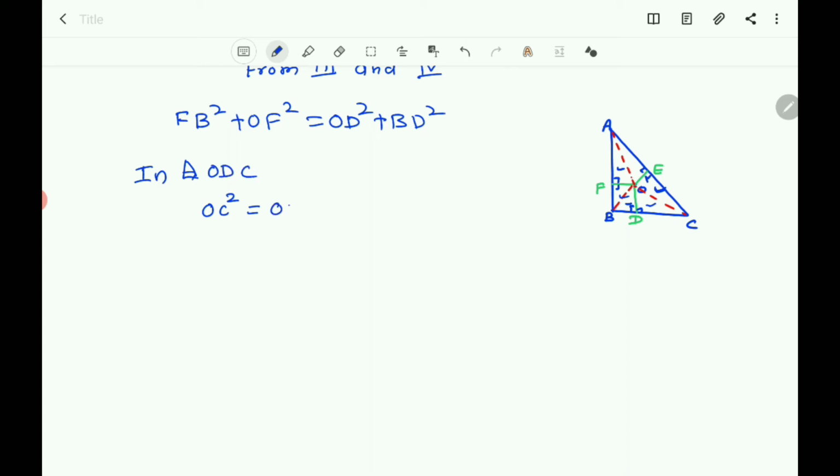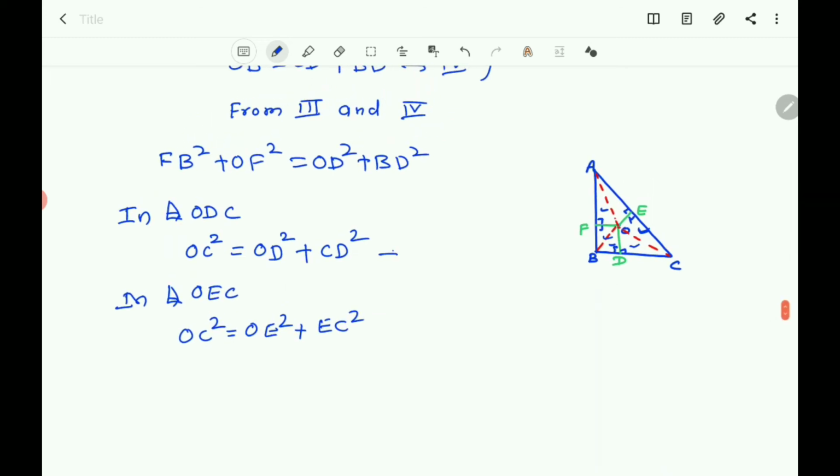Again in the right angle triangle OEC, you write OC square is equal to OE square plus EC square. So you consider this is fifth, this is sixth, and the reason is that you applied the Pythagoras theorem.